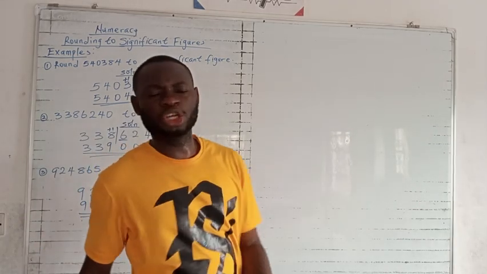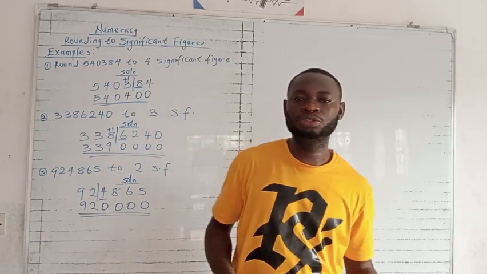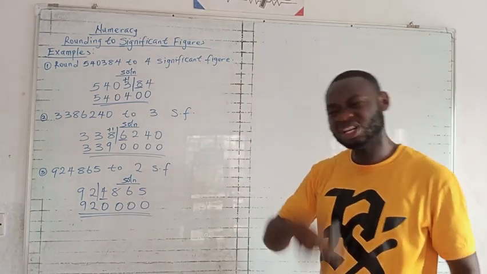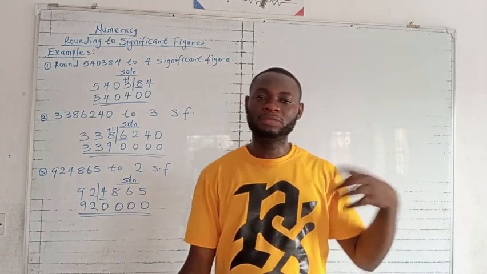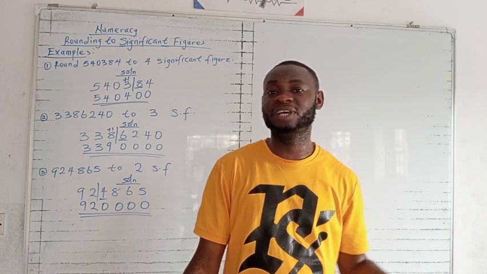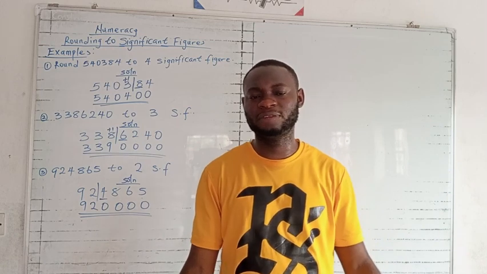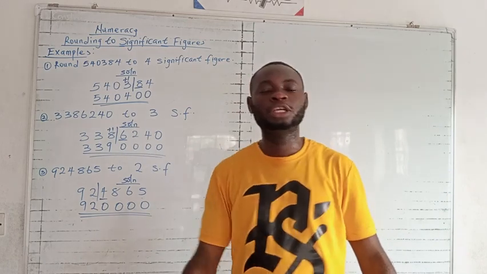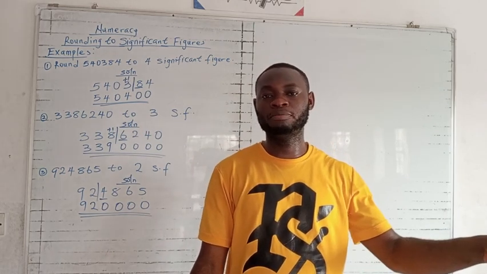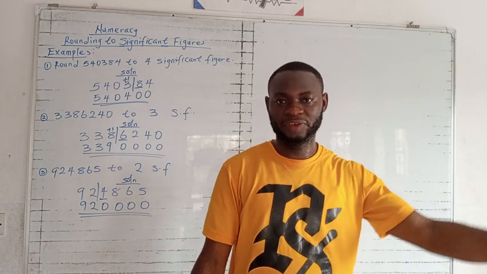So this is just the way to round whole numbers to significant figures, whether it's 4 significant figures, 3 significant figures, 1 significant figure, 12 significant figures, any number of significant figures. This is simply the pattern you will use, or the approach to rounding whole numbers to significant figures.